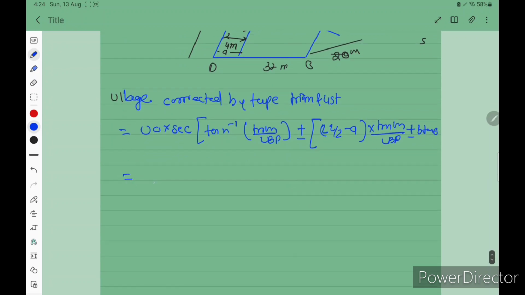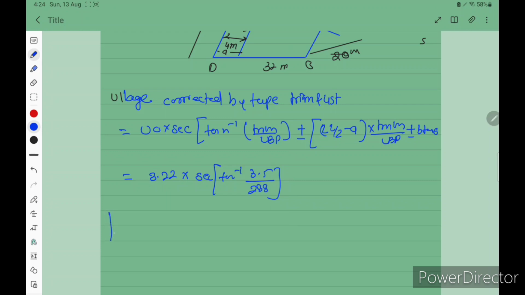So observed ullage was 3.22, into sec tan inverse trim. Initial trim was 3.5, LBP 288. Now the vessel is down by head, and your location of the ullage is 4 meter forward of the aft bulkhead. Don't confuse the forward, forward of the aft bulkhead.